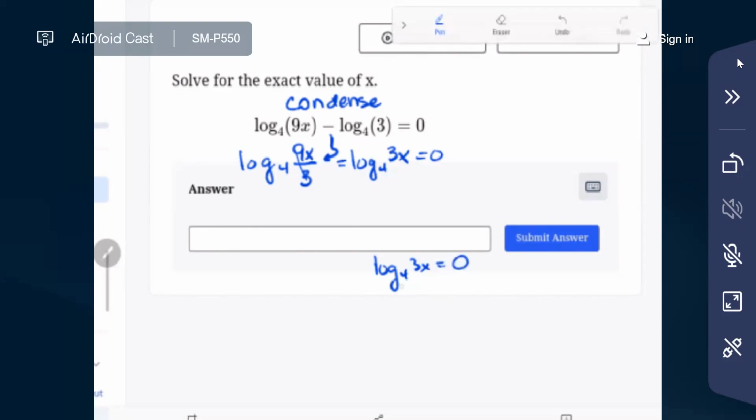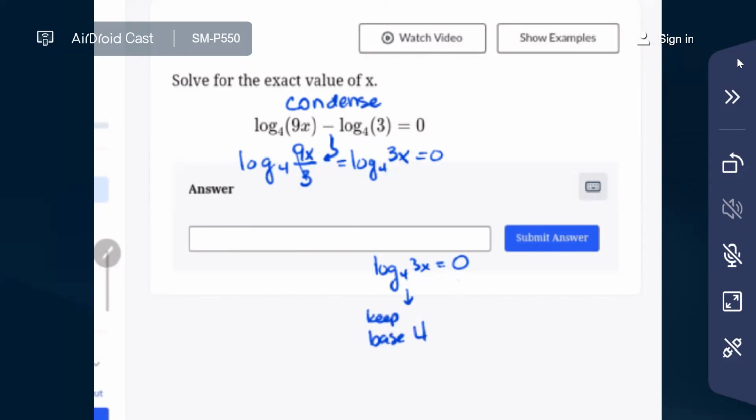Although this looks weird because there's a 0, we're going to do the same thing that we've done so far, which is keep the base, which is 4, and switch these two numbers. 0 equals 3x. Well, 4 to the 0, or any power to the 0, is equal to 1. So this is the same as saying 1 equals 3x.